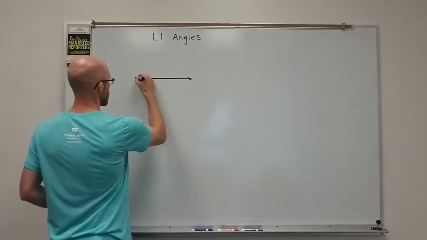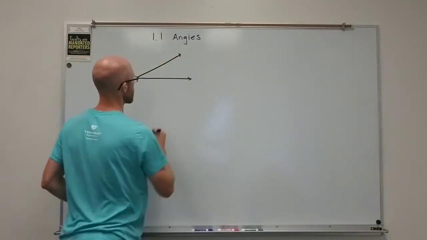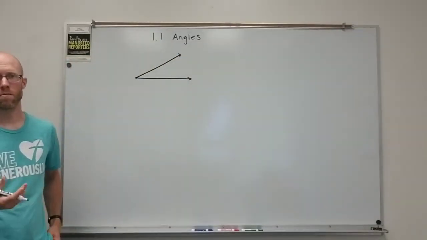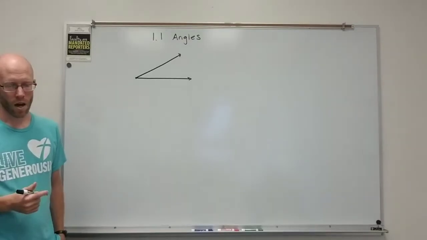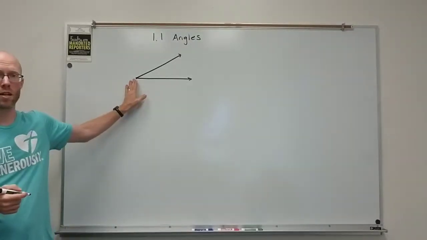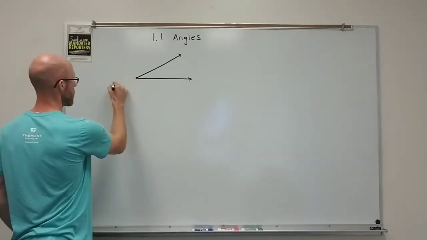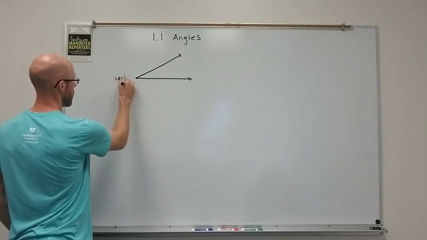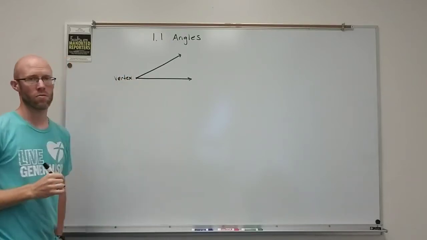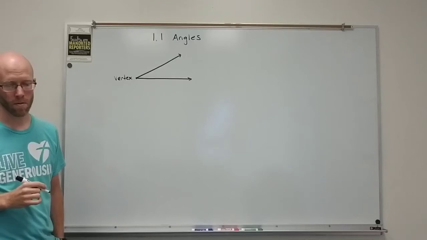The second ray may go like this, just as an example. The point where they intersect is called the vertex. The vertex is the point where they intersect.